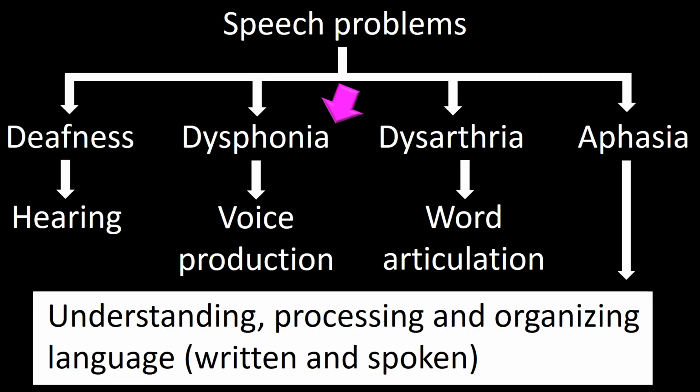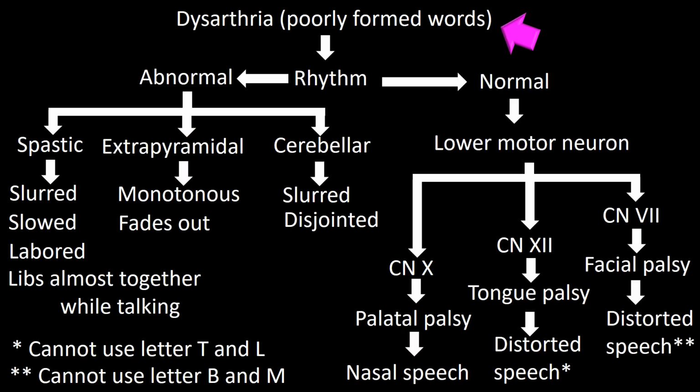After dysphonia, we will consider another speech problem, dysarthria. Dysarthria means poorly formed words. The workup is by far more complicated than the workup of dysphonia. A good approach is to evaluate the rhythm of speech.